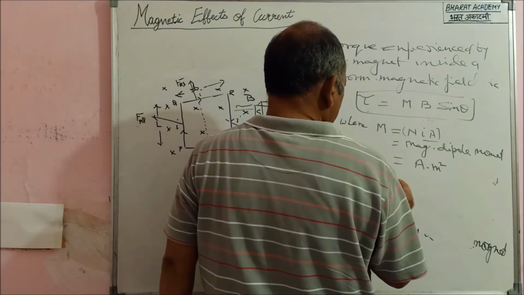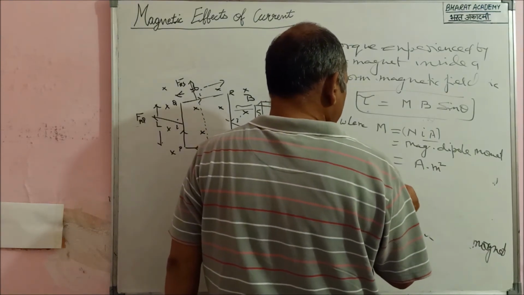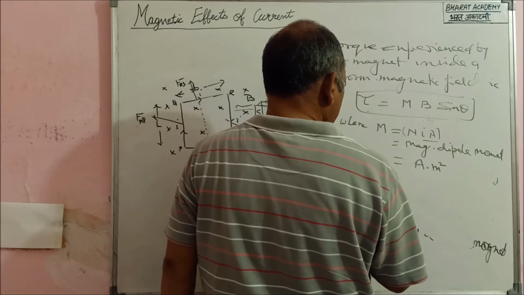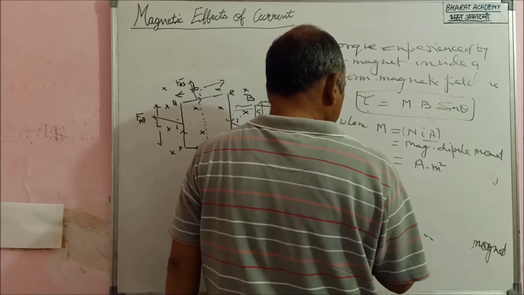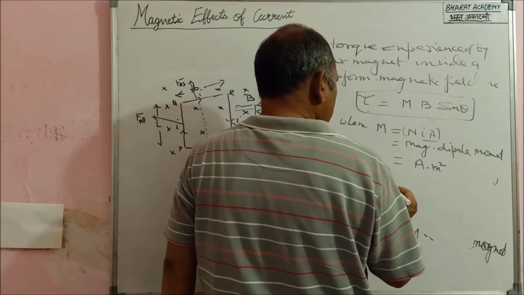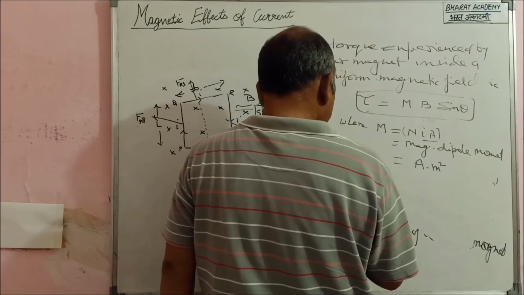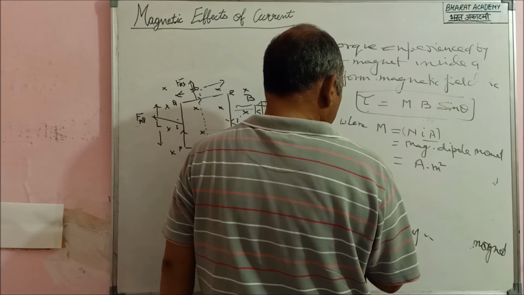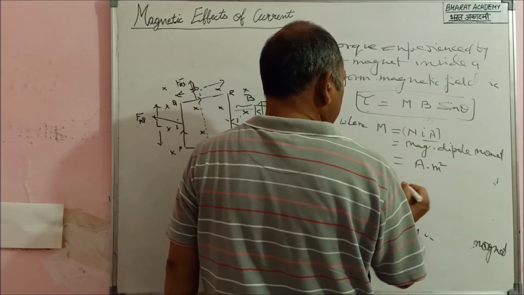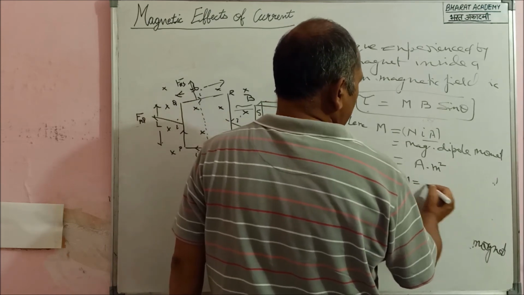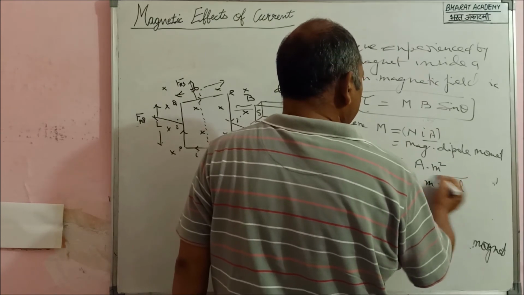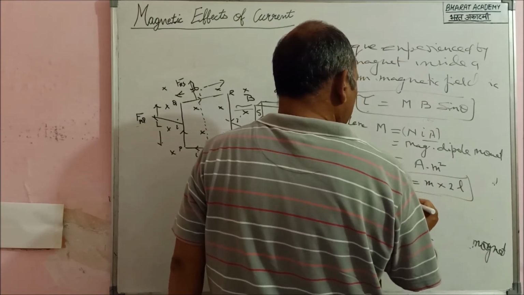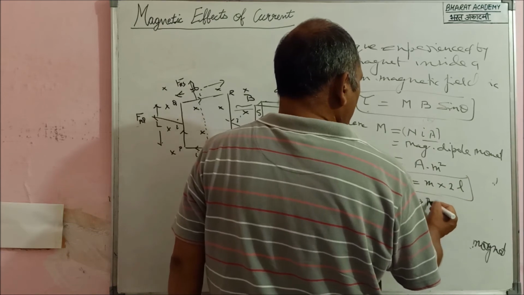And if I consider small m as the pole strength and 2l be the length of the bar magnet, then this M can be written as small m into 2l, where this small m is pole strength.